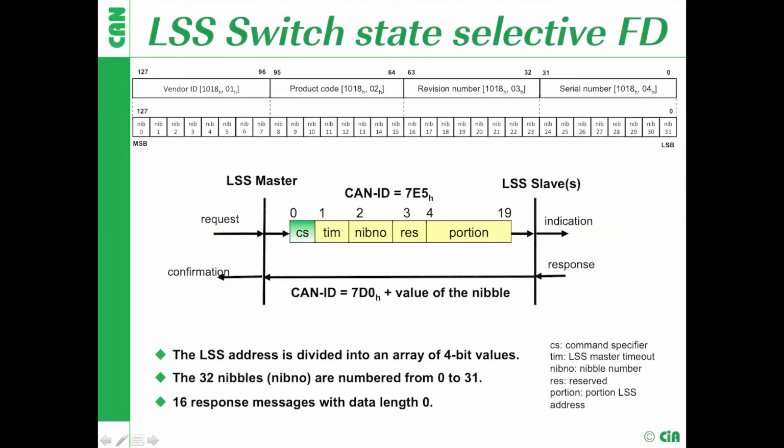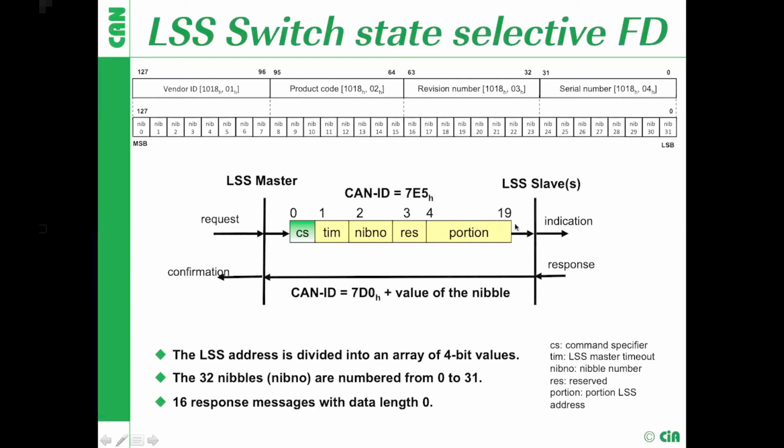Now we can see the protocol here. Instead of sending 4 messages sequentially, benefiting from the CANopen FD 64-byte data payload, we could extend the data field and send the 16-byte LSS address using one message.